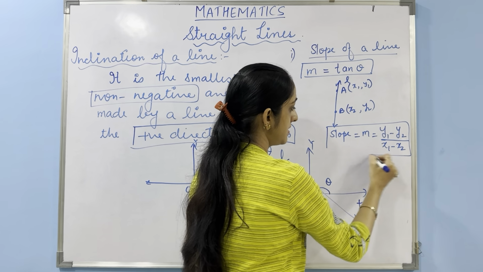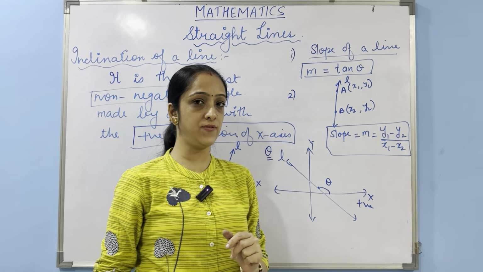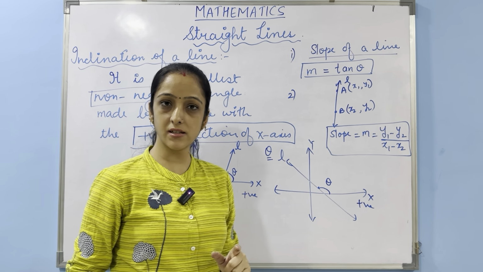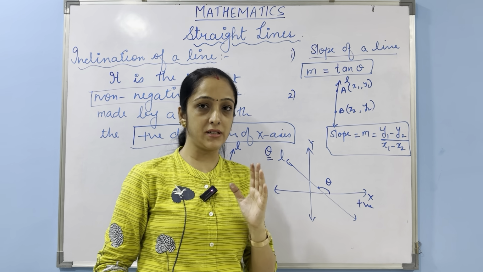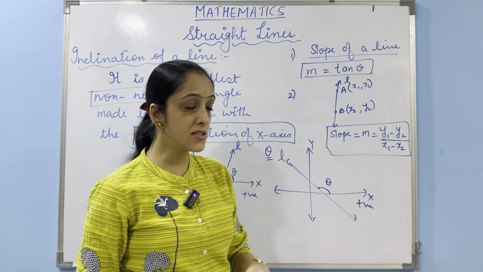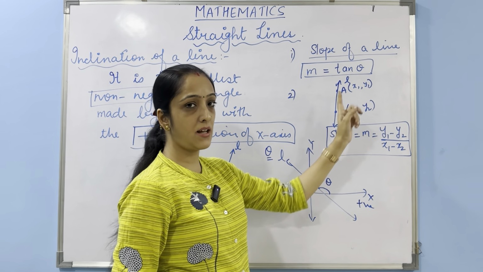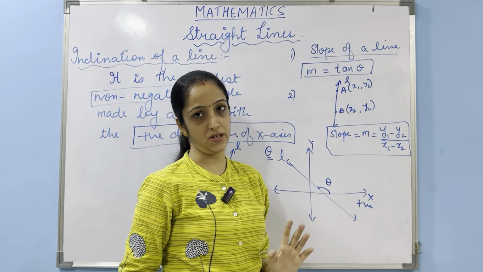So, students, we know that there are two ways of finding slope. First is when inclination is provided, then it is tan theta, and second is when 2 points on that line are given, then this is the formula.